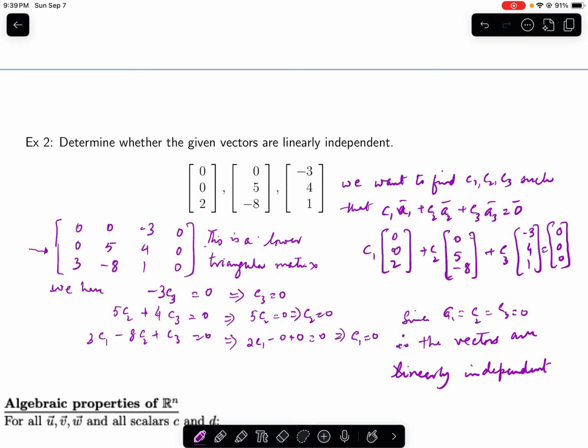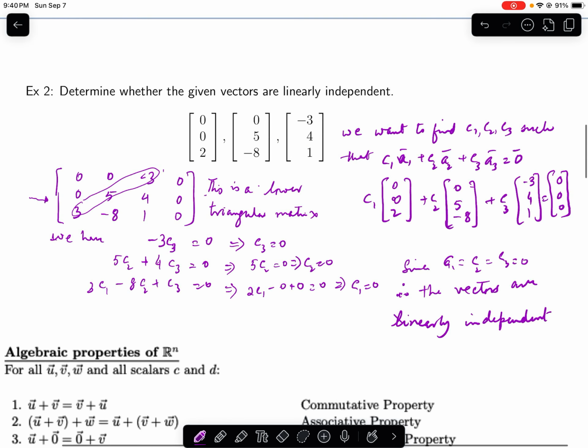But instead of doing the operations, we notice here that the coefficient matrix is a lower triangular matrix. Why lower triangular? Because the zero entries are above the main diagonal. So if I think of this as the diagonal, the zero entries are above the diagonal.